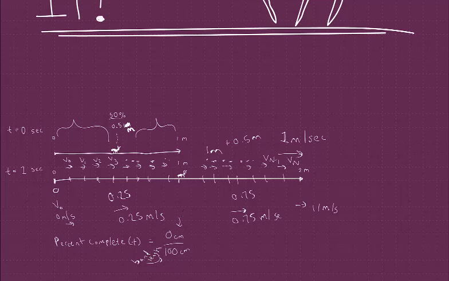This is our starting position, right? When we start, the ant starts at the very beginning of the band at 0 centimeters, and it has 100 centimeters to go, so it has completed 0% of the band.